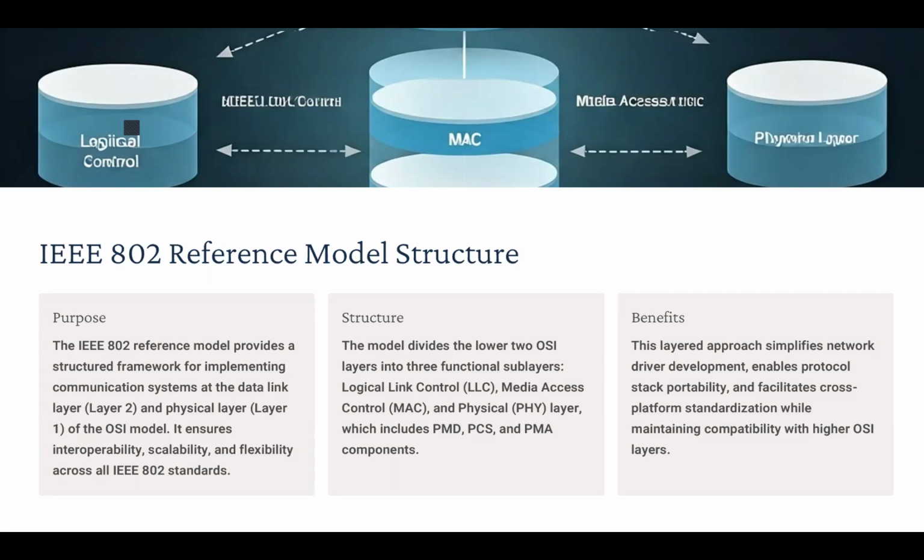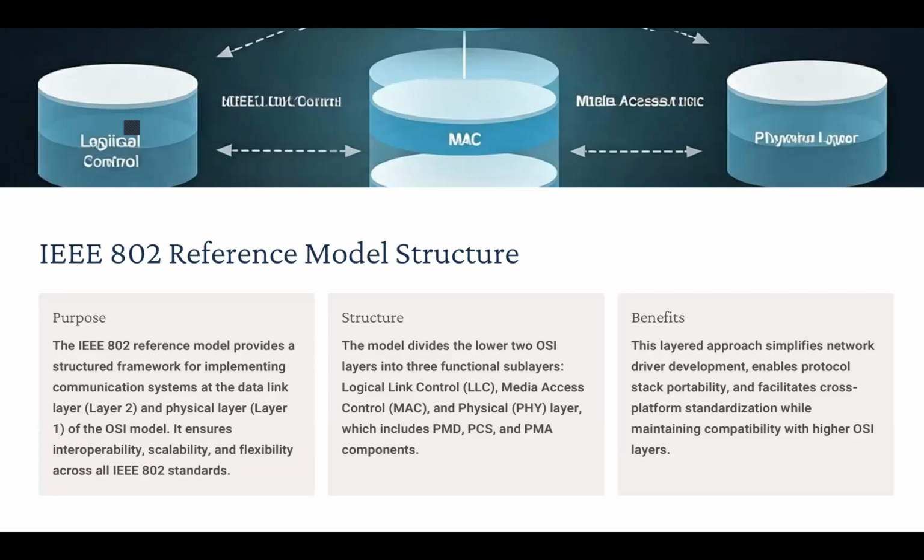The main goal was to standardize communication behavior across different network technologies, so we could ensure scalability and flexibility across all the 802 networks.